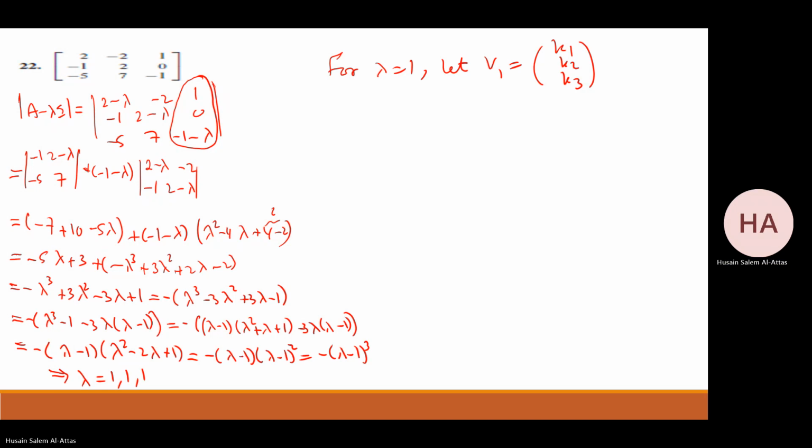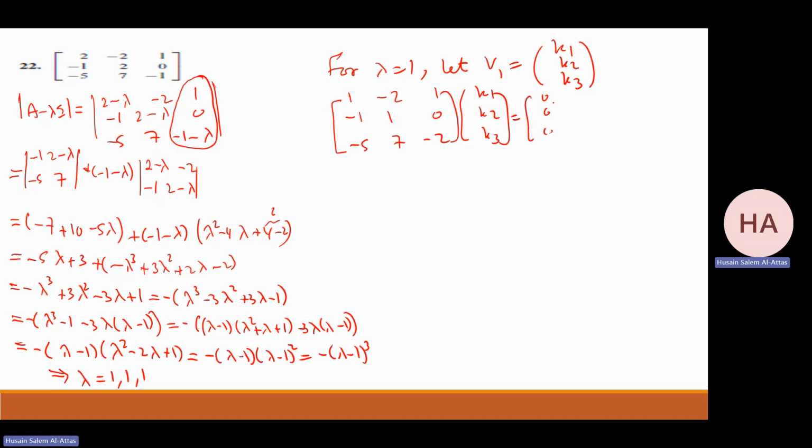Okay, let me substitute what I will have. 2 minus 1, that will be 1, minus 2, 1; minus 1, 1, 0; minus 5, 7, minus 2, times K1, K2, K3, equals 0, 0, 0.